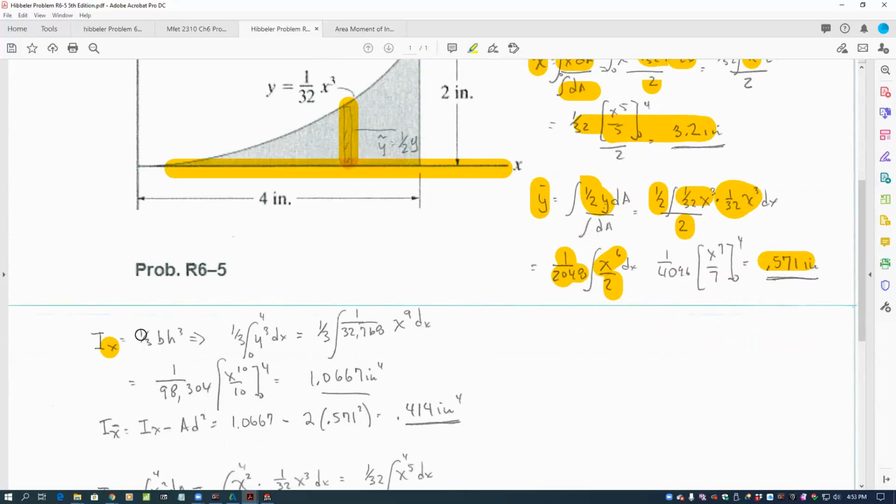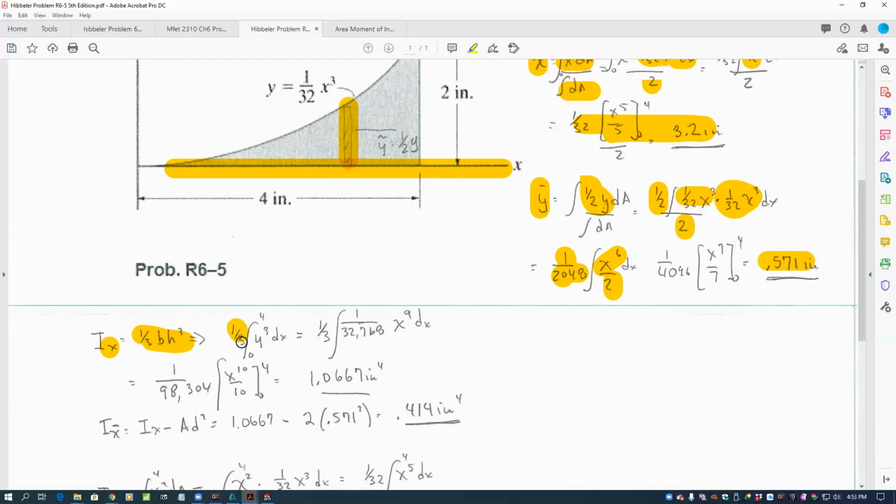So let's use the 1/3 bh cubed. If we used a horizontal element, we could just use the y squared dA, but because then all of the particles in that element have the same distance to the x-axis, where here they change, we first have to calculate with respect to the x-axis.